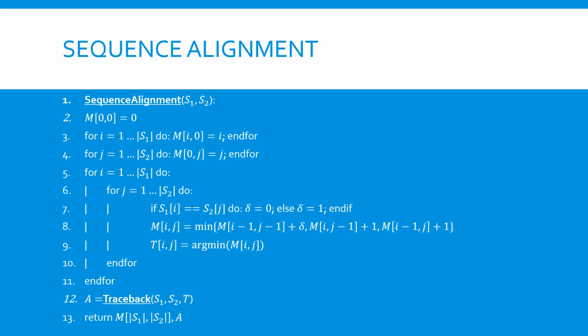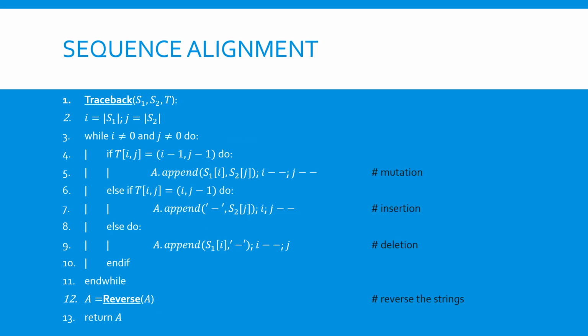Line 8 evaluates the three permitted edit operations and records the minimum edit distance. And line 9 stores the decision in the traceback table T. Line 12 calls the traceback function, which uses T to reconstruct the optimal alignment corresponding to the minimum edit distance.